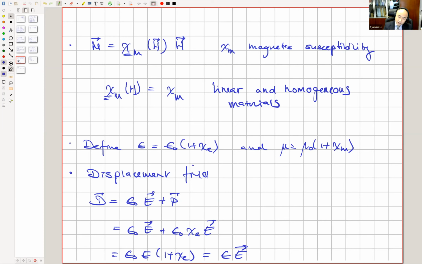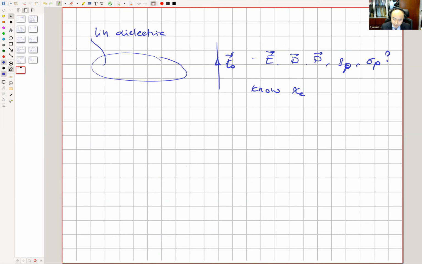Okay, let's take a look at this specific example. Again, we have a disk with a linear and homogeneous dielectric, and I put it in some external field E0, which is perpendicular to this disk.